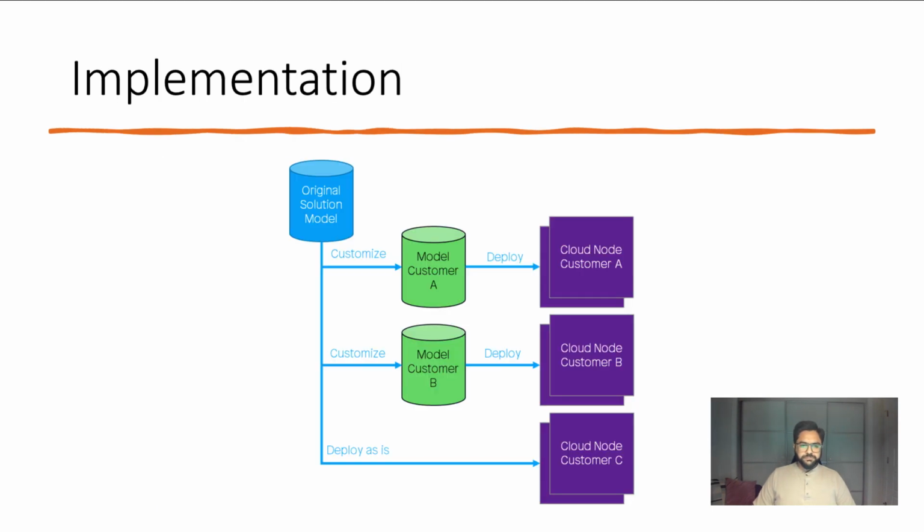And implementation generally works where you have one core solution model. The solution is basically the package that you extract from your core application. You can share that solution with all of your customers, whether you have two customers or 500 customers, and each of them will get the same solution that you give them.